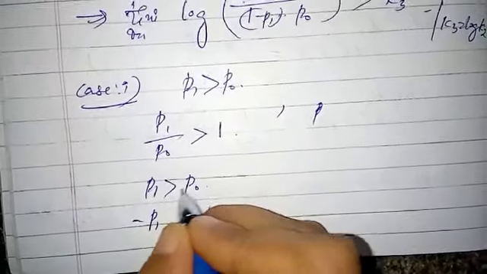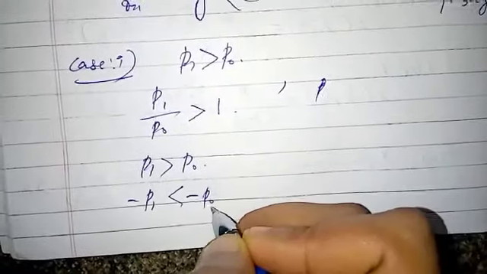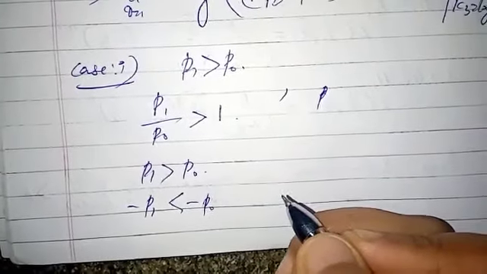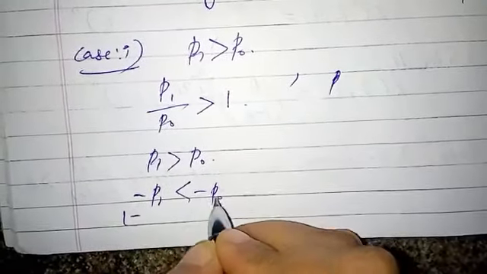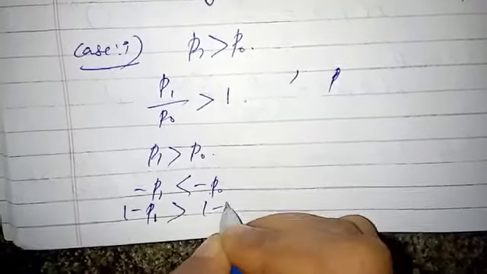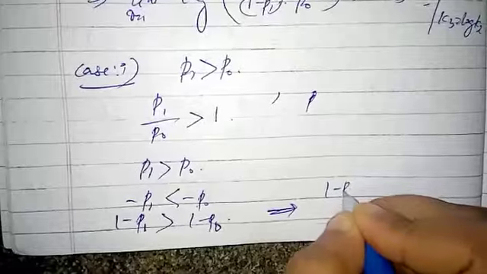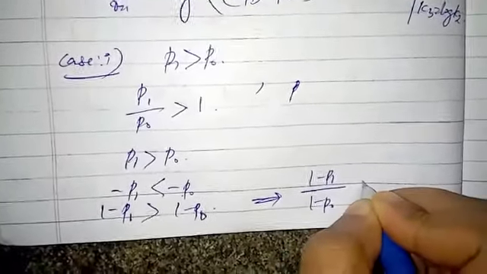If p1 is greater than p naught, then minus p1 is less than minus p naught, right? Then 1 minus p1 is greater than 1 minus p naught, which implies 1 minus p1 divided by 1 minus p naught is greater than 1, right?